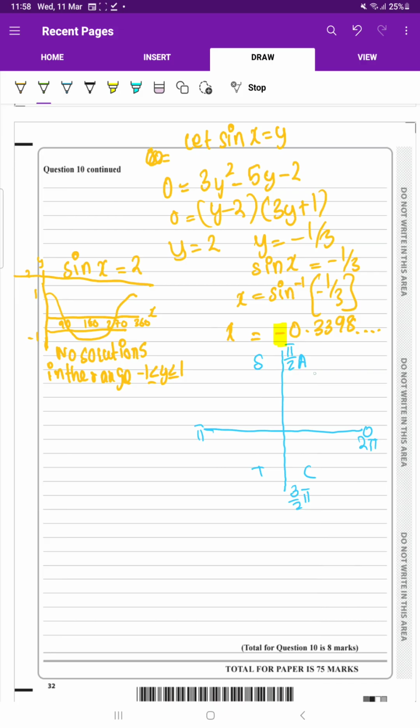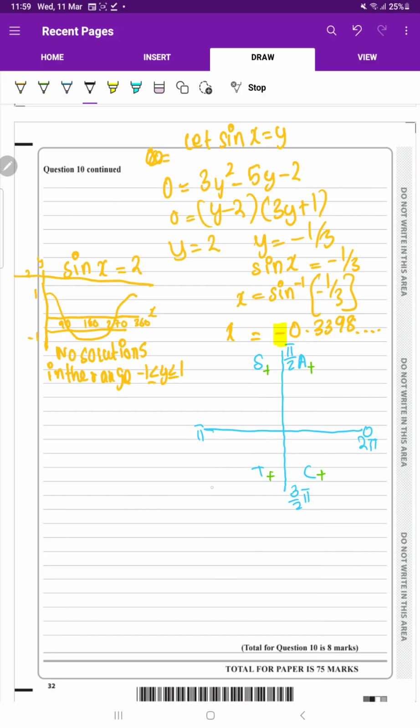I've labeled this ASTC, so basically all trig ratios are positive, sine ratios are positive, tan ratios are positive, and cos ratios are positive in their respective quadrants. Now we have to select which quadrants. Since we are getting a negative answer, we have to select where sine is negative, so it is going to lie in the third and the fourth quadrant.